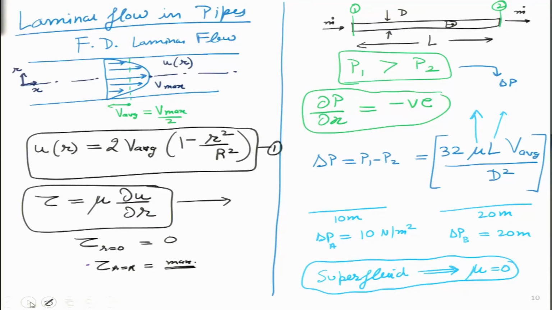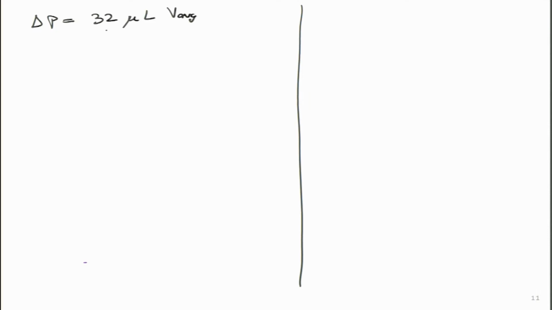Now, engineers use one very interesting notation. I will write that expression once again: delta P is 32 mu L V average divided by d square.